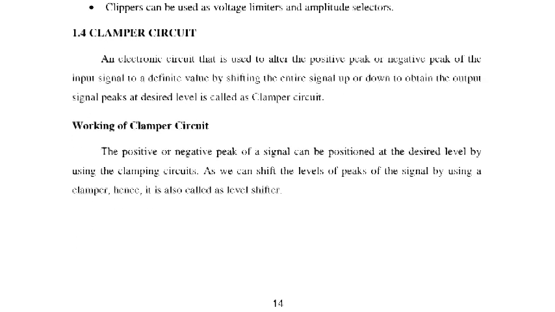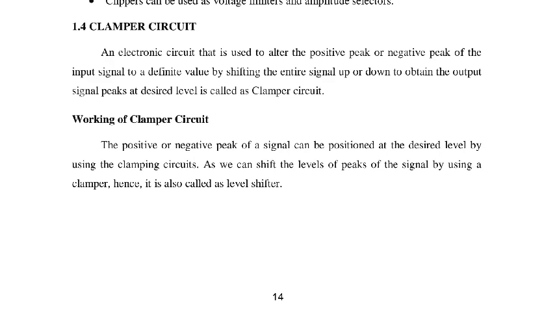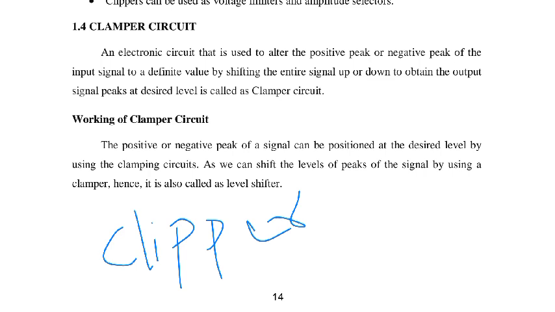Next topic we will discuss is the clampers. Here we have discussed clippers, but the next topic is a clamper. Both are different. Clipper means removing some part of the input is our requirement.